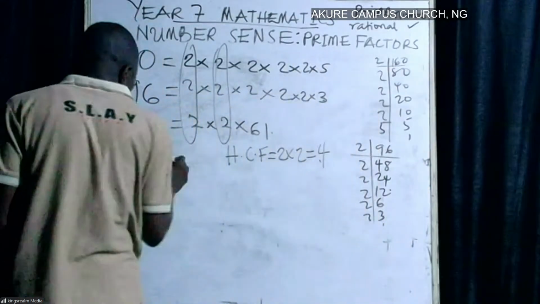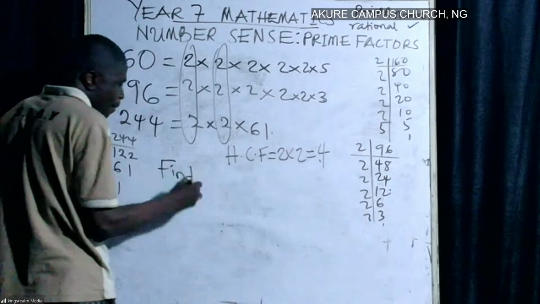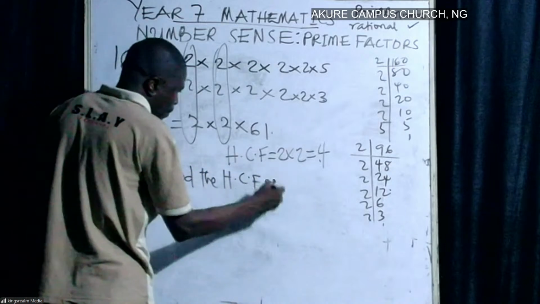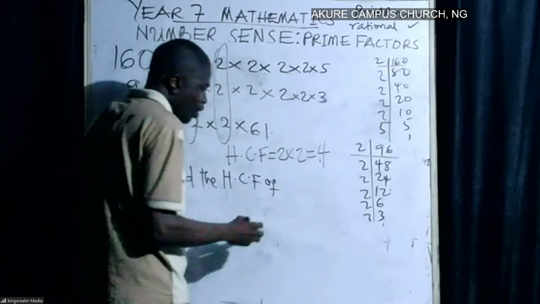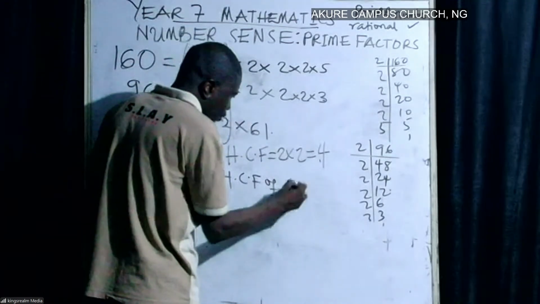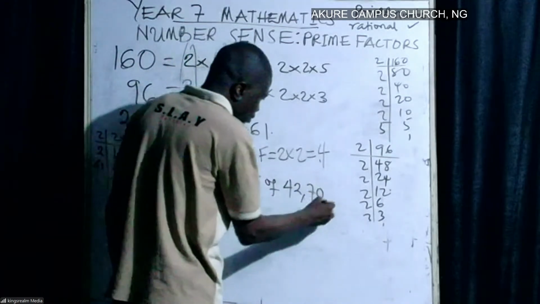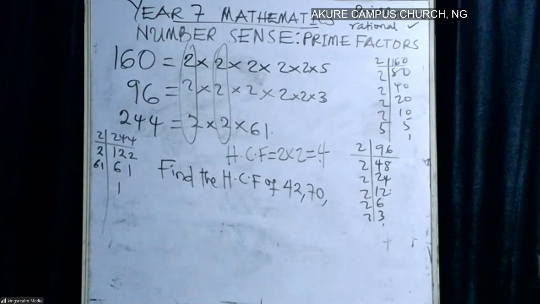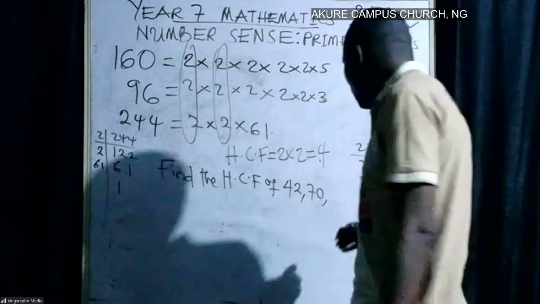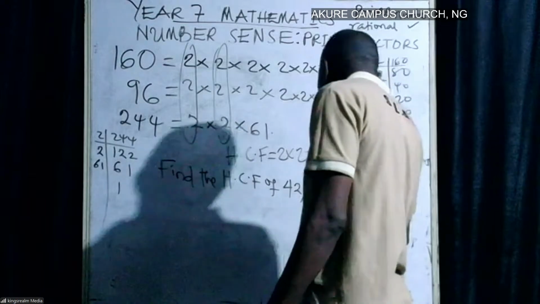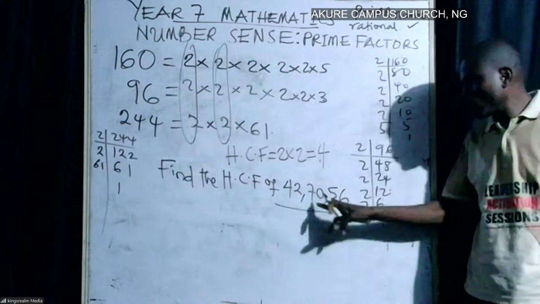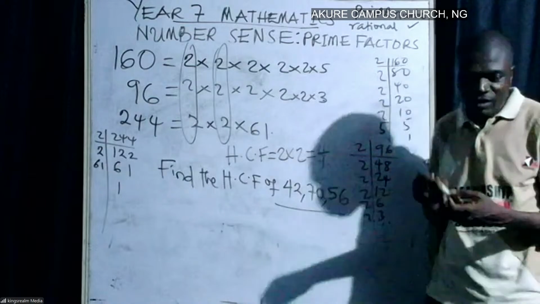Find the HCF of 42, 70, and 56. So find the HCF of these 3 numbers, 42, 70, and 56.